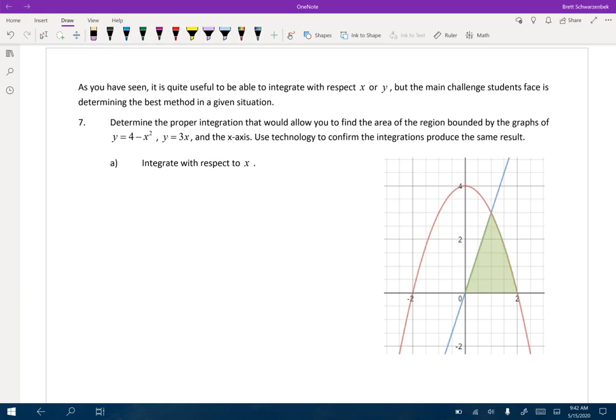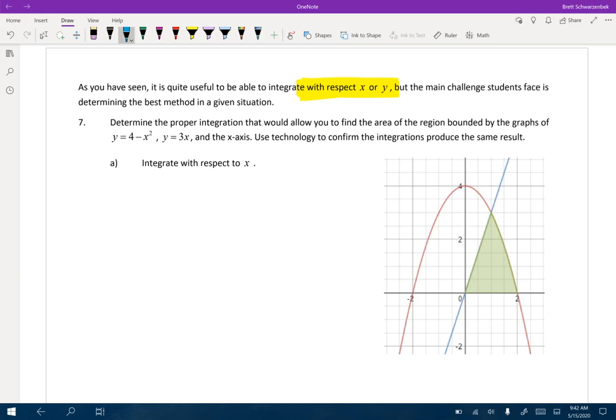But it turns out that there are many regions where you can find the area with respect to x or y. And you will be tasked, ideally, with finding the easier method for doing so. I know that sounds like a real challenge, and it is sometimes.